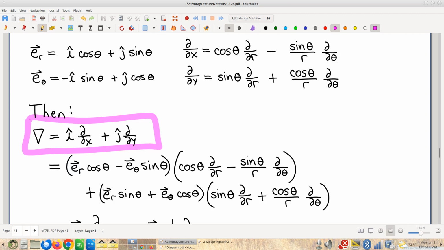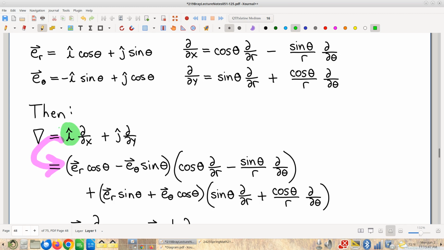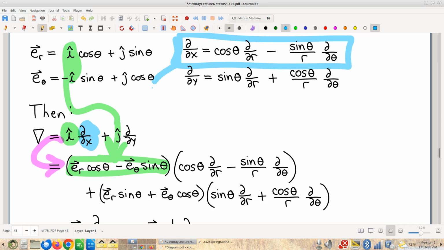With that said, I can turn that into this as follows. The first rectangular standard basis vector, i hat, you can solve for here, like so, along with d by dx.